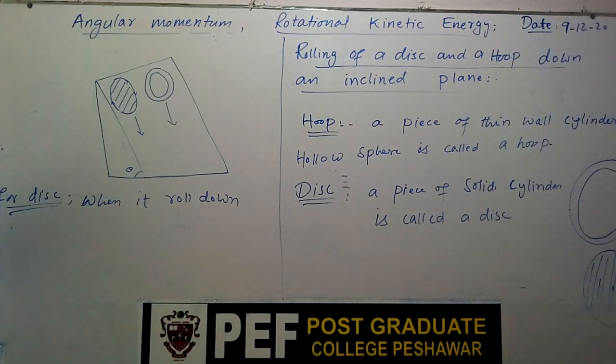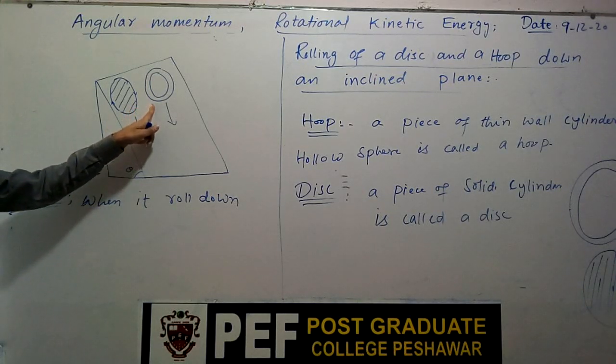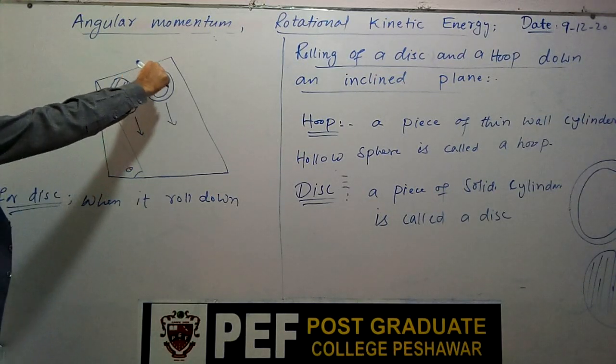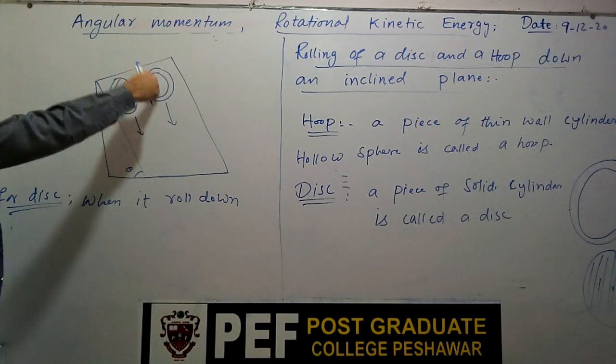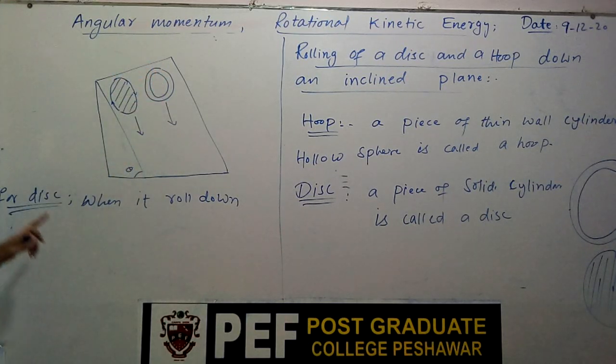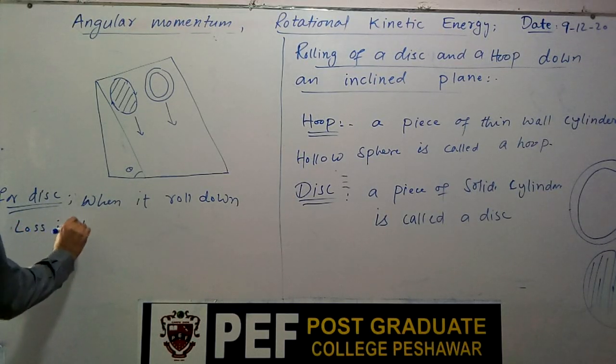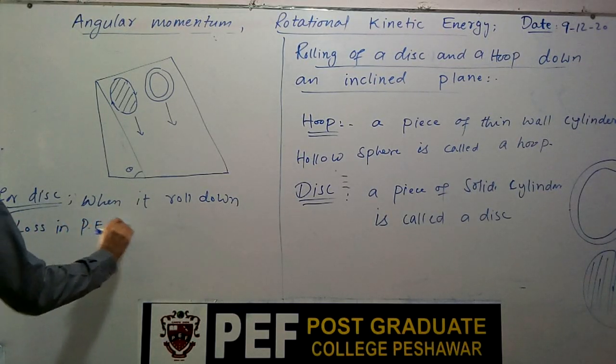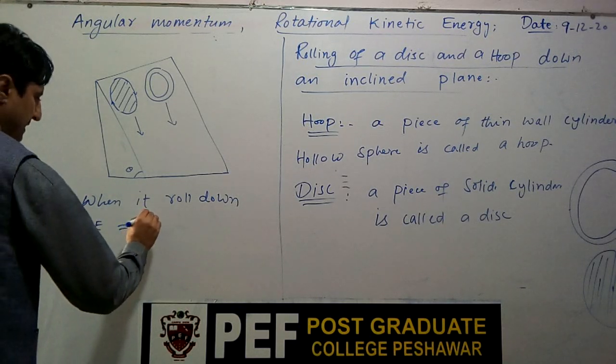Similarly, when the hoop rolls down, it will have rotational kinetic energy as well as translational kinetic energy. So we can perform the calculation for this. Loss in potential energy is equal to gain in kinetic energy.